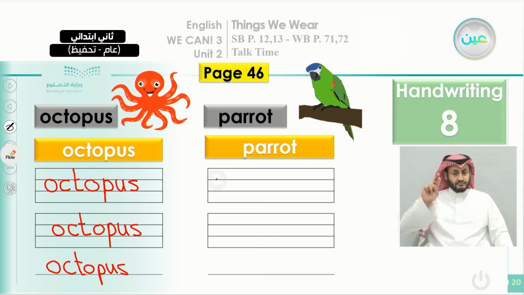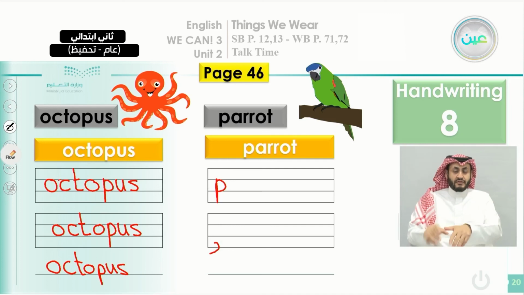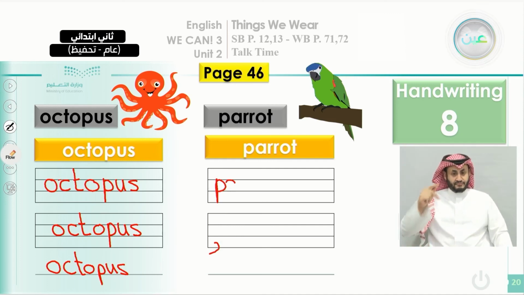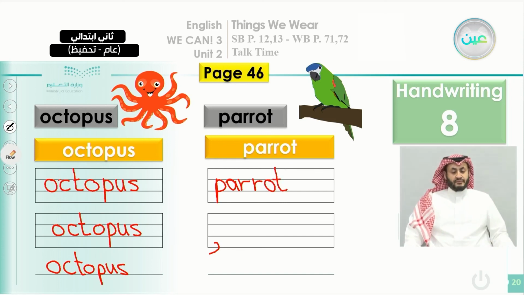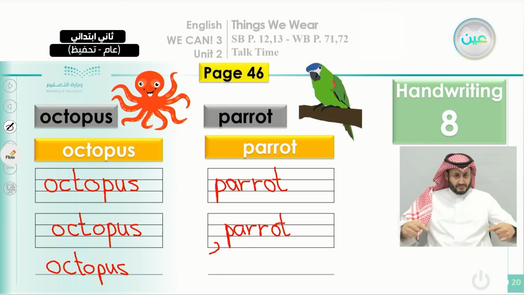As you can see the picture of parrot, starting with P: P, A, double R, O, and T. That is how to write parrot. Again, P, A, double R, O, and T. If you write it on one line, you have to make the P hanging.